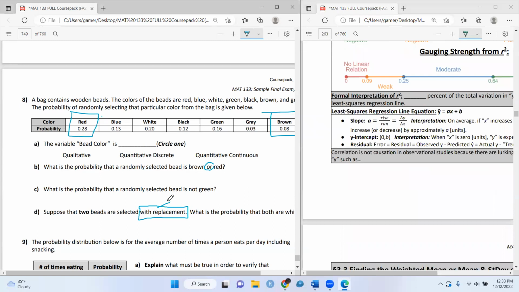So if you do it with replacement, we're calculating an independent probability.